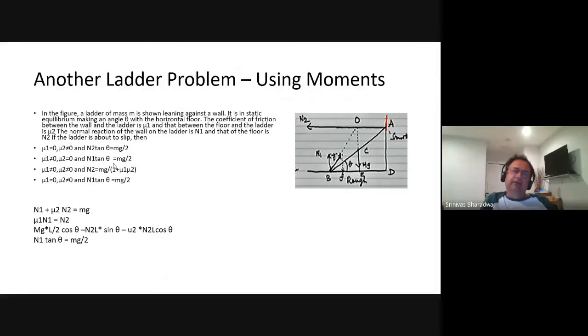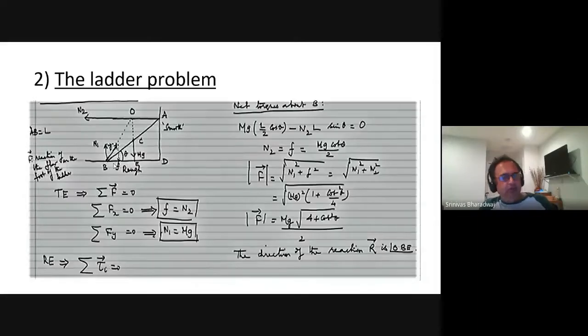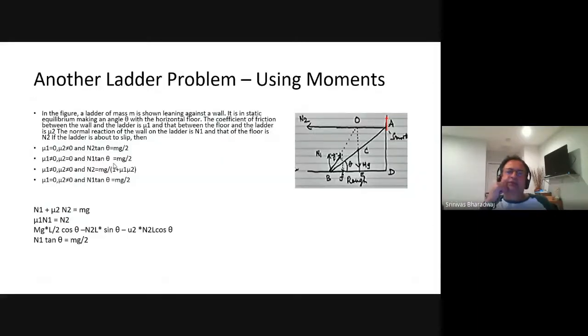The coefficient of friction between the floor and the ladder is mu2. So now, here the wall was smooth before. Now the wall is also rough. The normal reaction of the wall on the ladder is N1, and that of the floor is N2.